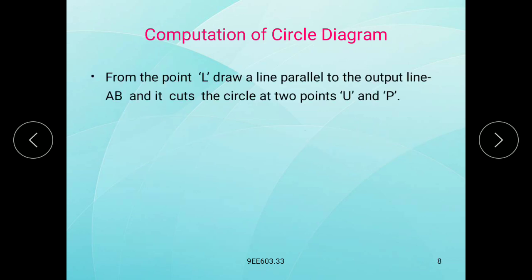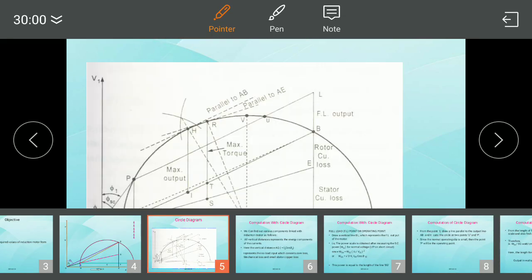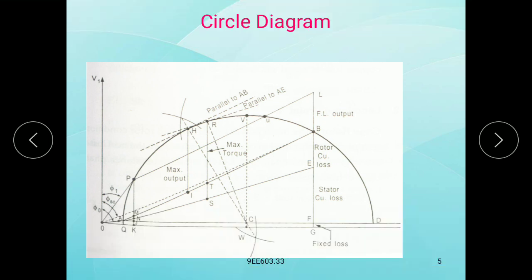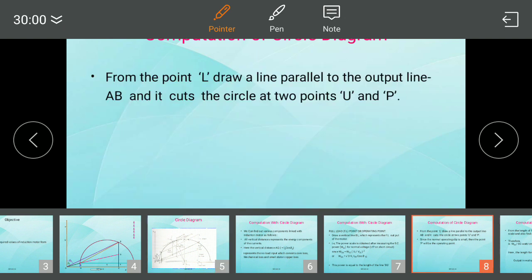Now, from the point L, draw a line parallel to the output line AB, and it cuts the circle at two points U and P. From the point L, draw a line parallel to the output line AB.